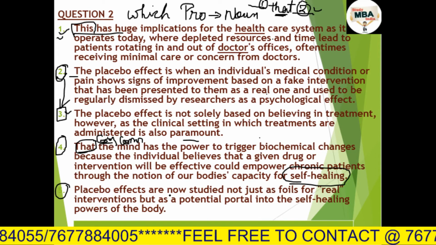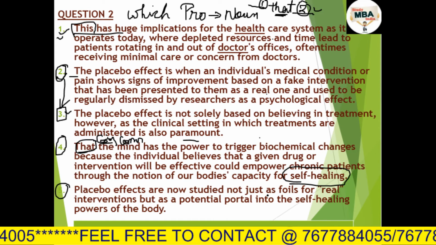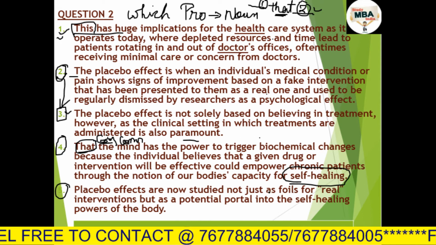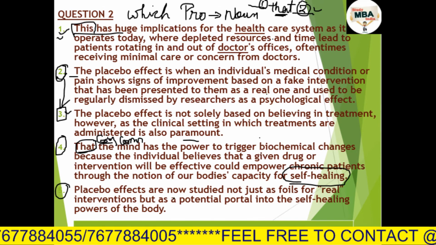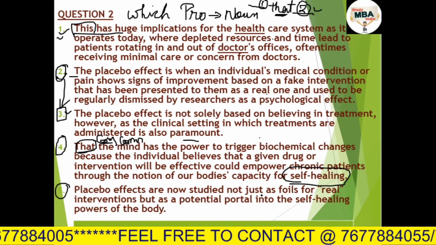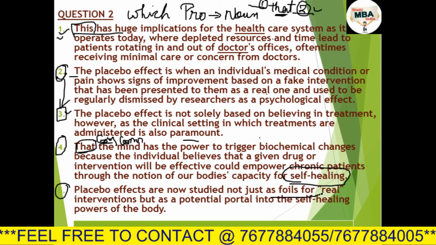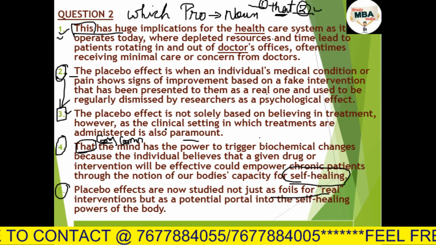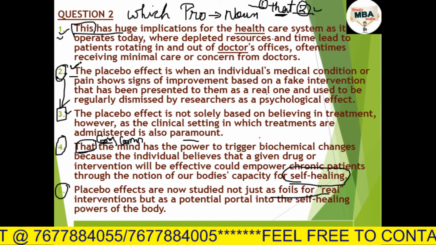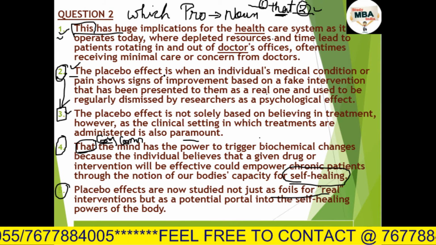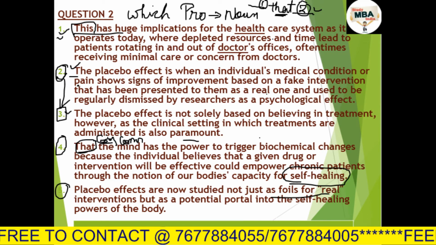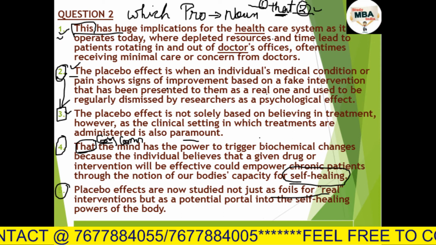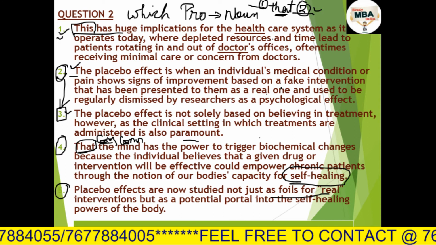Placebo effects are now studied not just as foils for real interventions. In sentence number 2 we have studied the placebo effect when an individual's medical condition or pain shows signs of improvement based on a fake intervention.